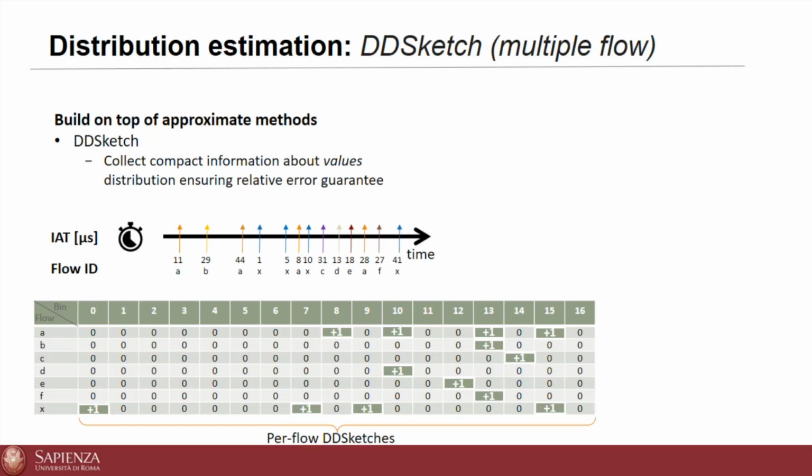We can imagine putting all these counters in a matrix where we have 1 row per flow. And as you can see, most of the counters of the DD sketch are left unused. So we have sparsity both in the rows and in the columns.